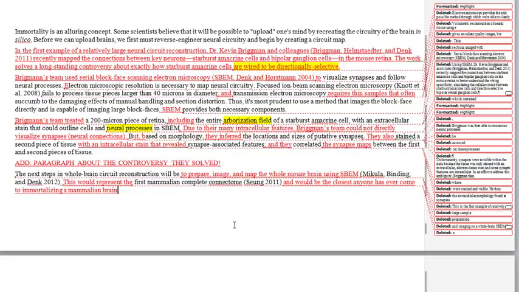Add a paragraph about the controversy that was solved. And other than that, there's not too much else to do on this one. Maybe go back to that electron microscopy paragraph and see if there's any details that could be cut there. But I think it's reading really well. It was a really good paper to start with, and hopefully going through the editing process like this has been helpful for your own approach to papers.